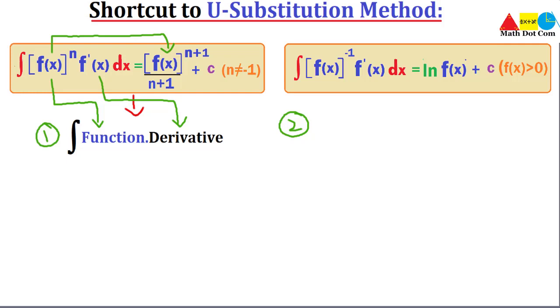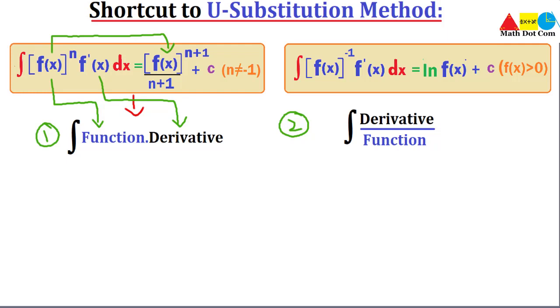What is that? Let's see. The second situation that we studied in our previous lecture is when you come across the derivative of a function in the numerator and the function itself in the denominator. Then you have to apply the u-substitution method. But with the shortcut, you apply this formula.